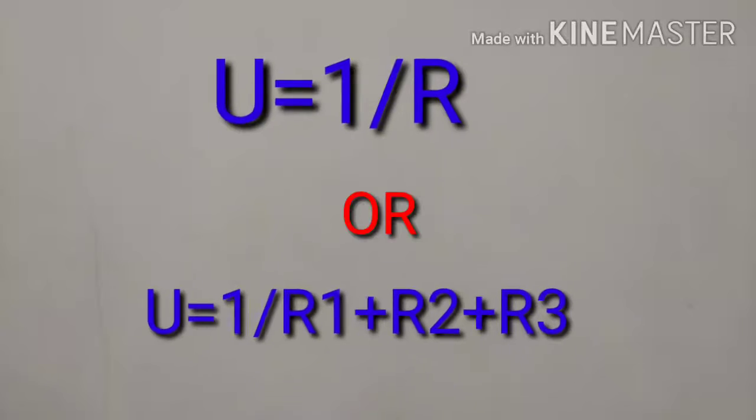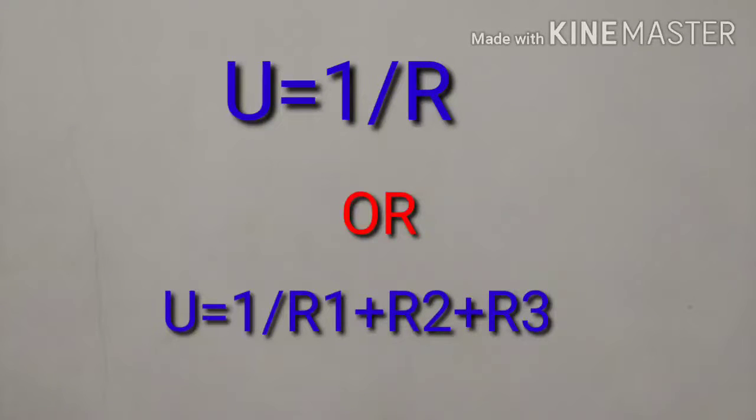We can represent it in the form of the equation U = 1/R, where U is the thermal conductivity or heat transfer coefficient, and R is the total resistance offered by steam side, tube side and scale side.